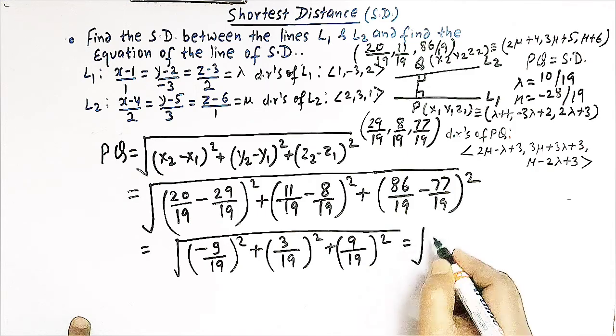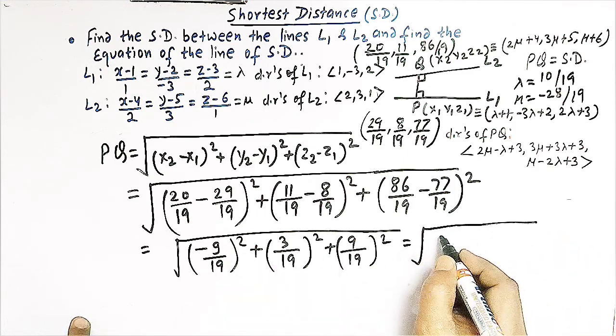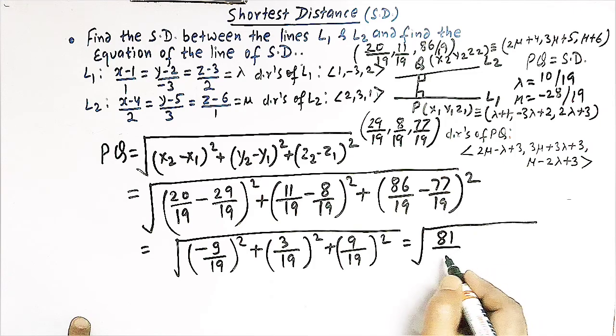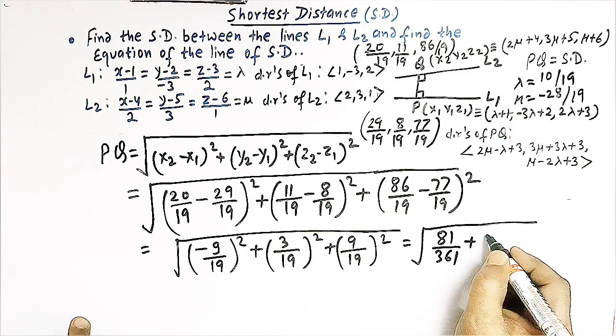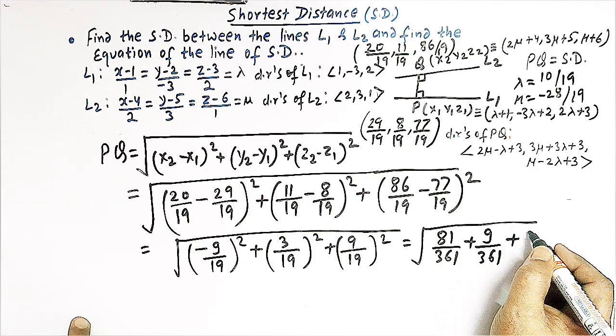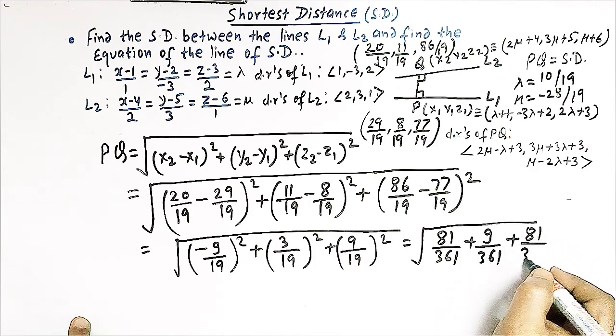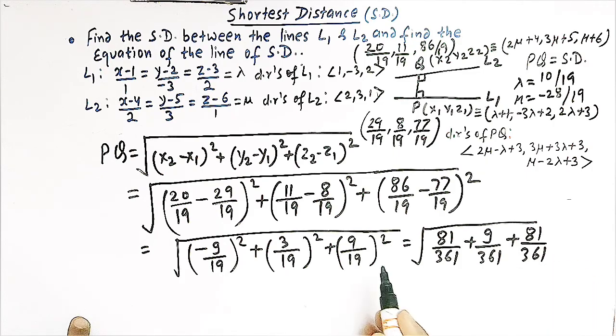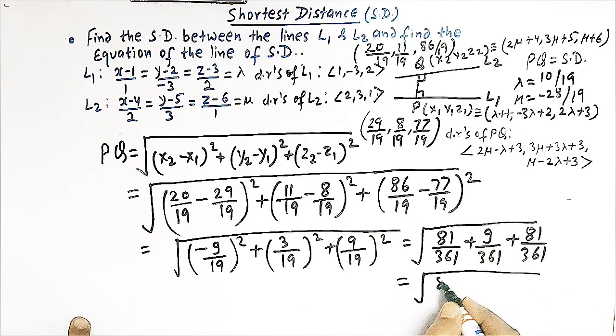So now we can write here this is 81 over 361, and then we have 9 over 361, and here we have 81 over 361. So the square of 19 is 361. So we can now write 81 plus 9 plus 81 over 361.